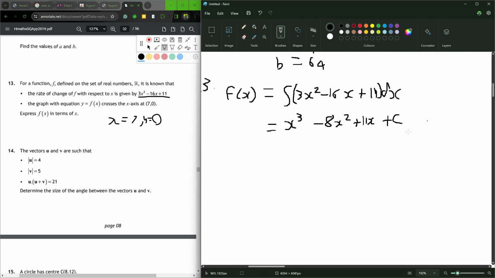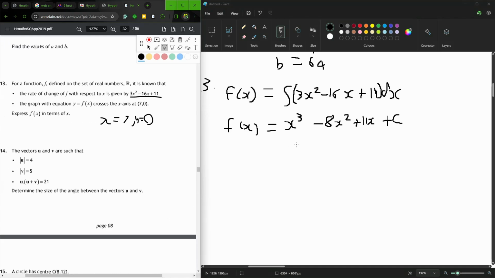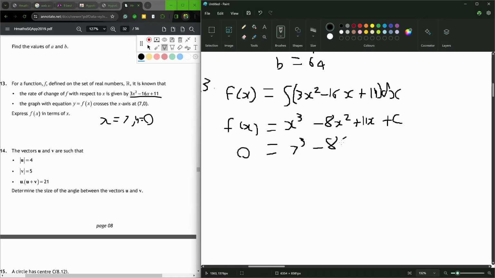But because we know it's 0 when x is 7, we can plug this in. So we can say 0 equals 7 cubed over 3 minus 8 times 7 squared plus 11 times 7, plus c, and then we can work all of that out.